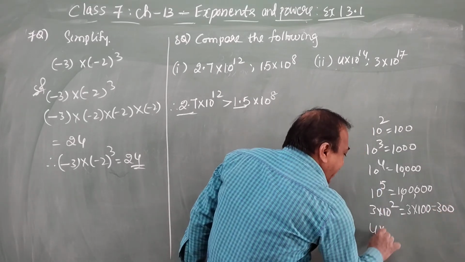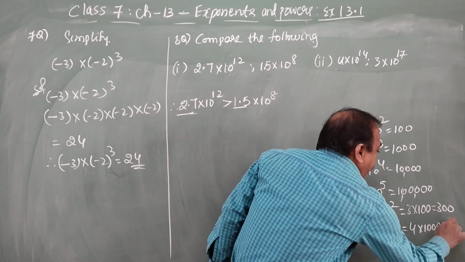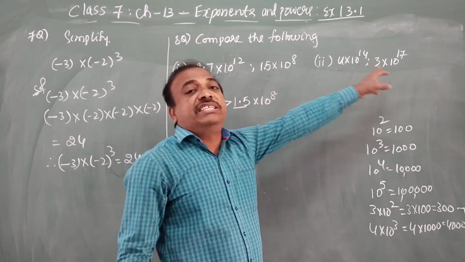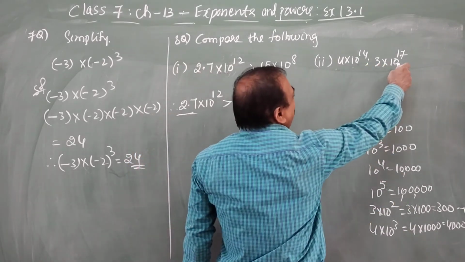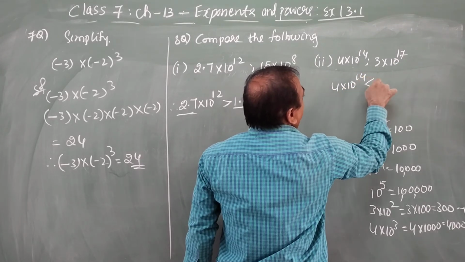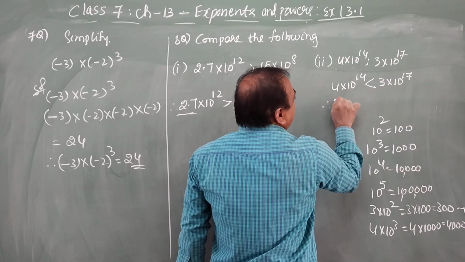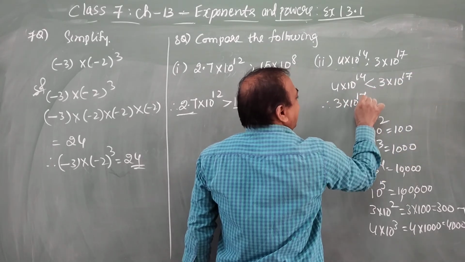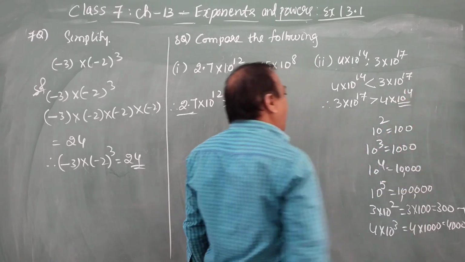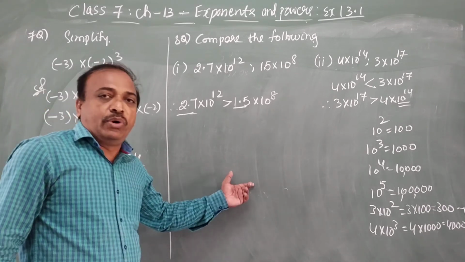But if you write 4 into 10 cube, that is 4 into 1000, which will be 4000. So by comparing these two, you can observe which is greater. So 4 into 10 to the power 14 is smaller than 3 into 10 to the power 17. That means 3 into 10 to the power 17 is greater than 4 into 10 to the power 14. I hope you understood how to find out which is greater and which is smaller.